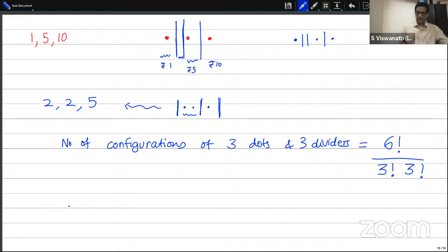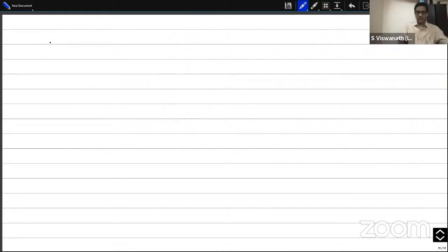And more generally, if you see what this dots and dividers business is, here's yet another reformulation of this problem. This is the balls and boxes problem. So I have n labeled boxes, 1, 2, 3, 4 till n.